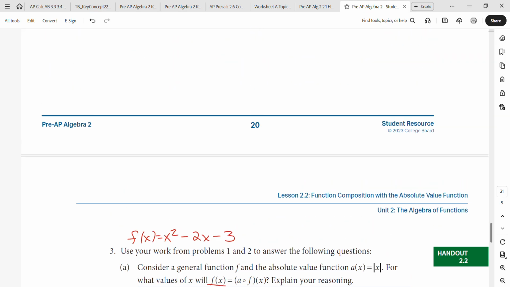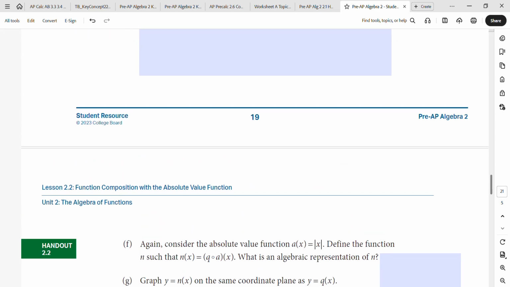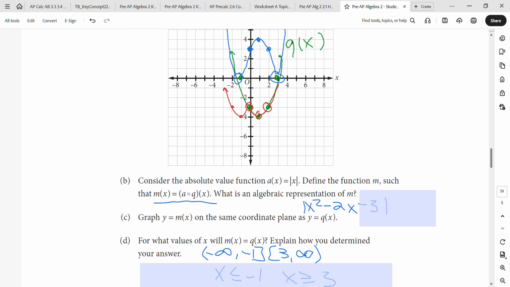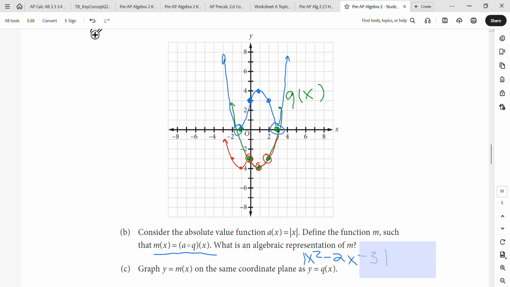So let me go back to that one. So here, we started with the green, and that first composition gave us 2.